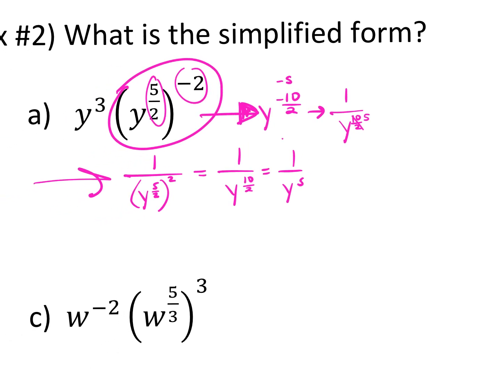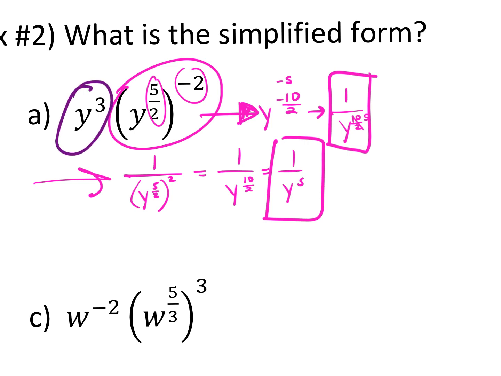Okay, so we moved it and we got 1 over y to the 5th. Is that our answer? What's missing? That y to the 3rd out in front. So you have y to the 3rd and 1 over y to the 5th. Here's why, if you don't move it first, maybe it seems a little easier to some.